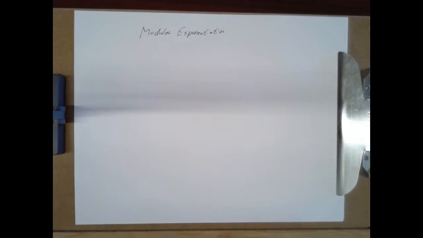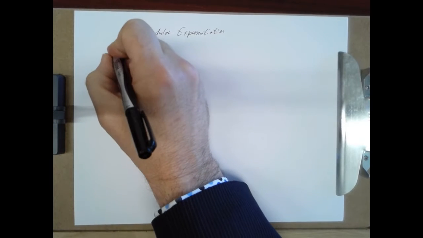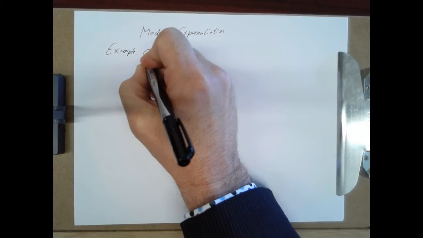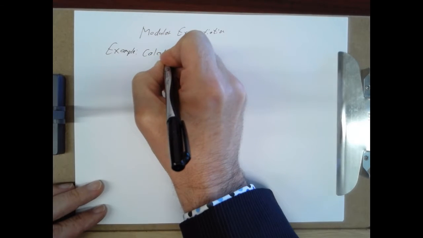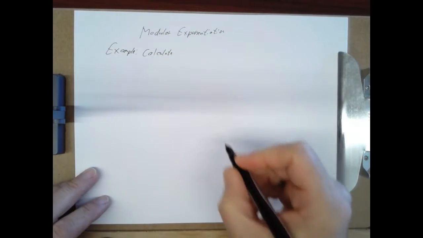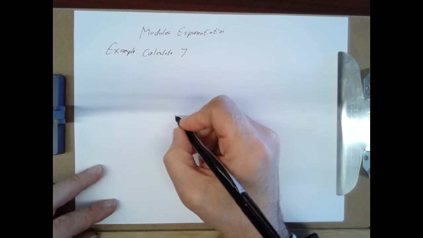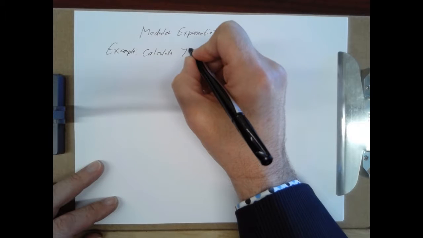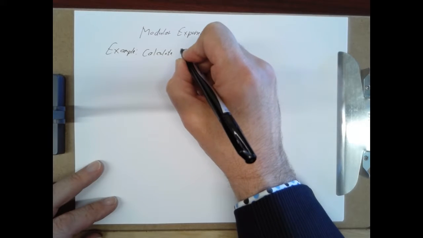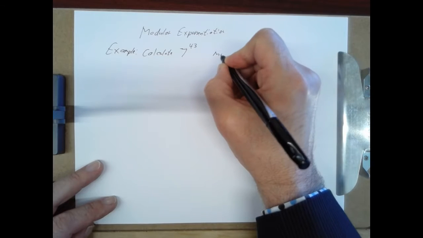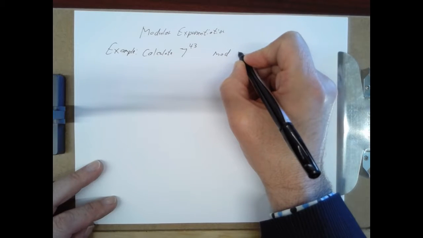So suppose we wanted to calculate, just as an example, 7 to the 43rd modulo 5.